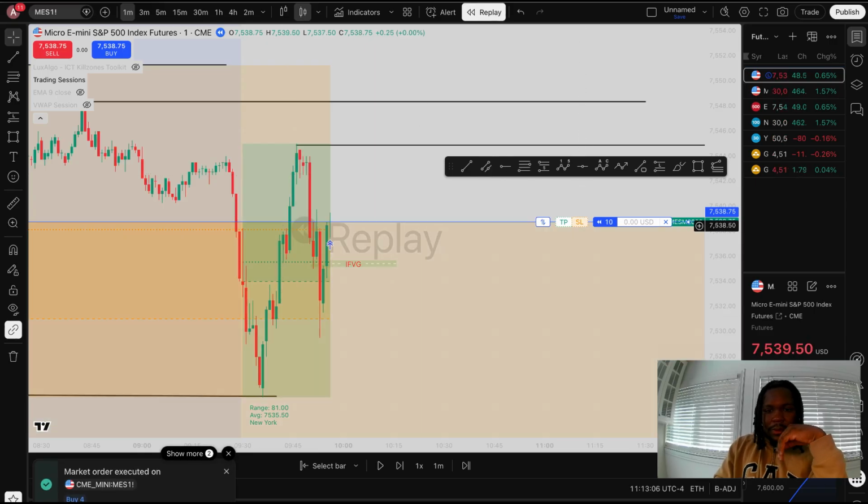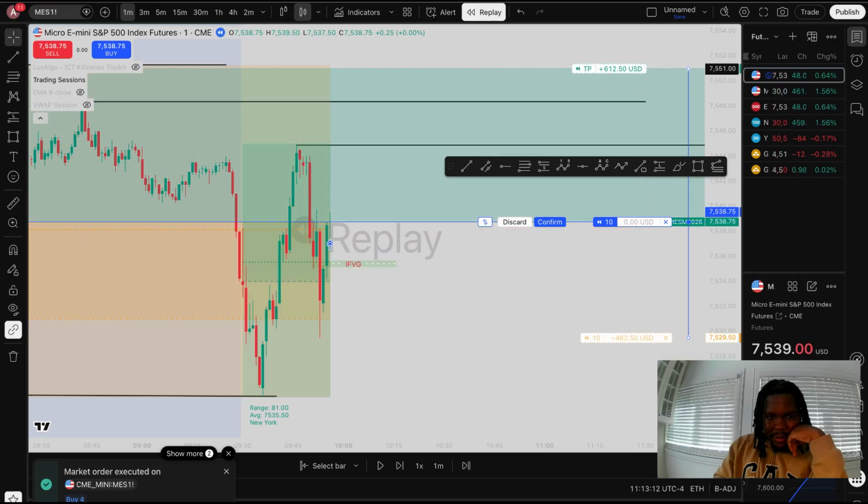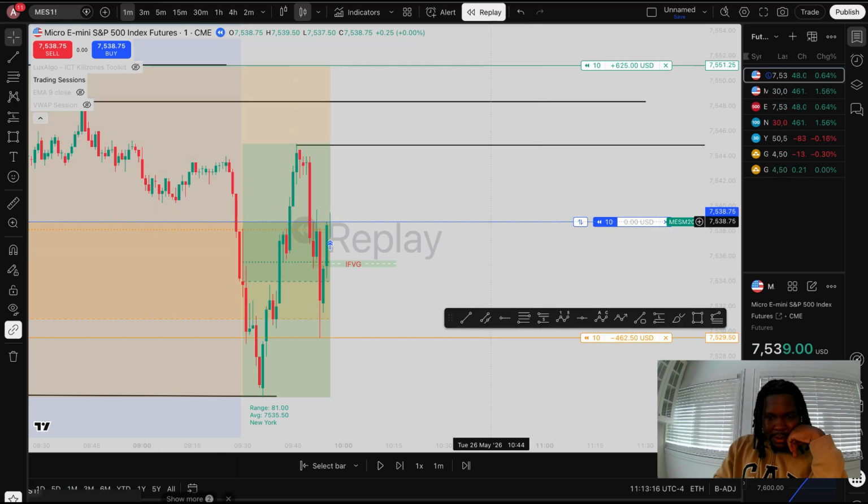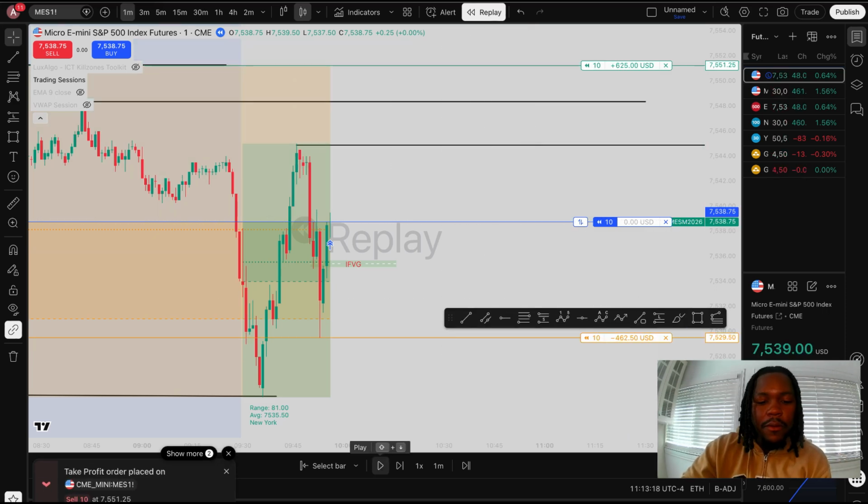Contracts. Stop loss below these lows. Risking about $500. Take profit above these highs to make $600. And let's see how this trade works out in our favor.